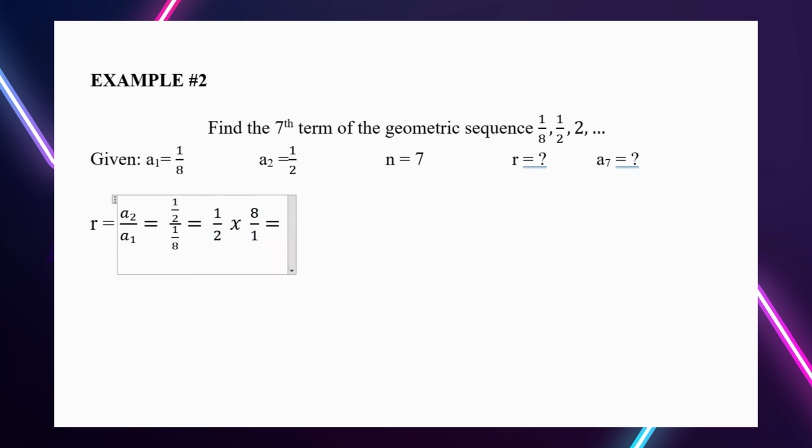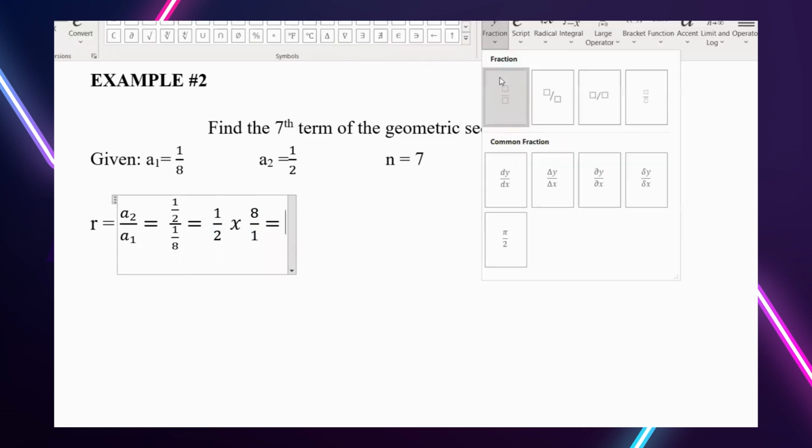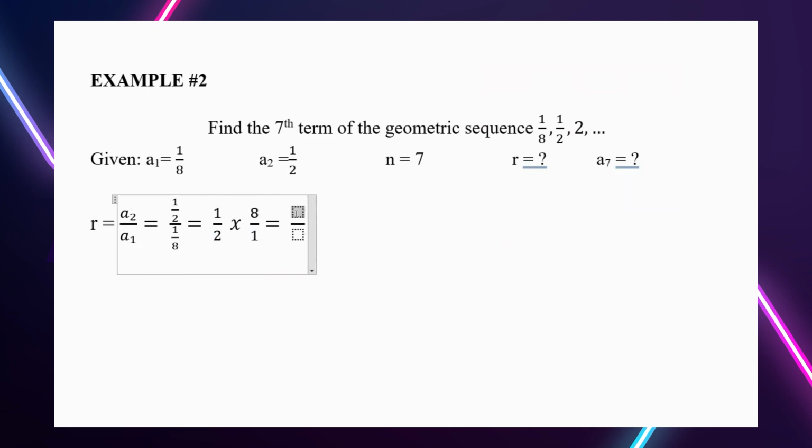Then we can now have numerator to numerator and denominator to denominator. So 1 times 8 is 8 and 2 times 1 is 2. Therefore, 8 divided by 2 is equal to 4. So ang common ratio natin ay positive 4.